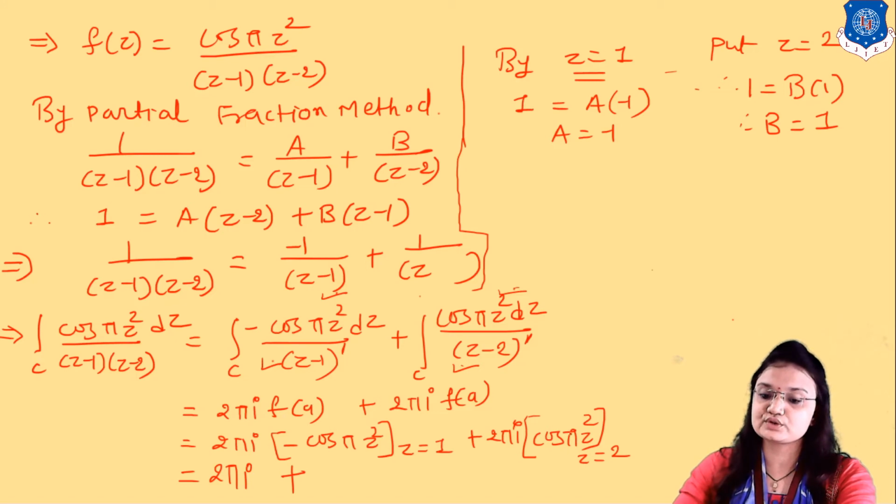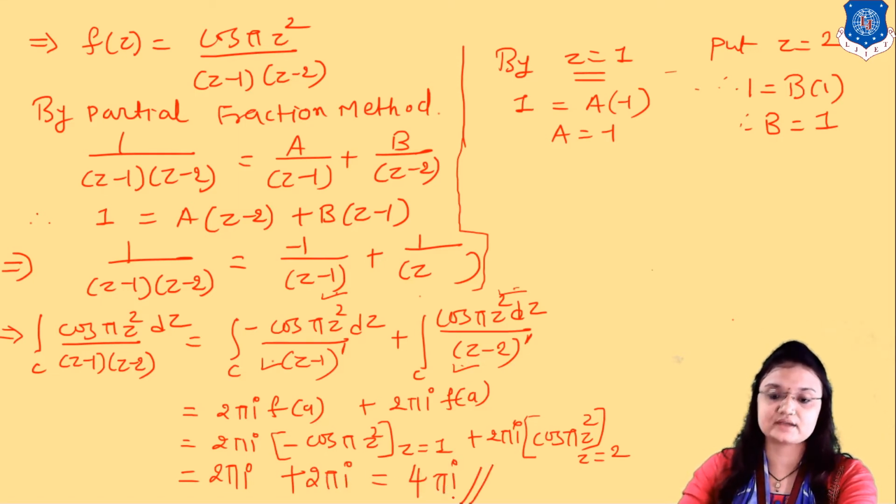Here also put z equal to 2, so z² is equal to 4, so this becomes cos 4π, and cos 4π is 1, so here also we get 2πi. So our final answer is 4πi.